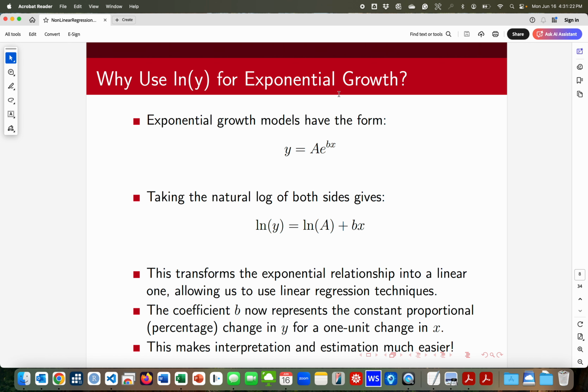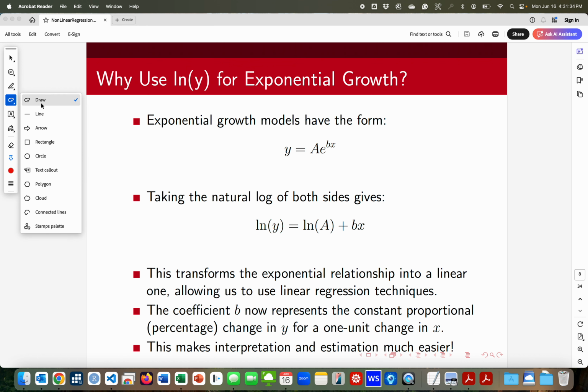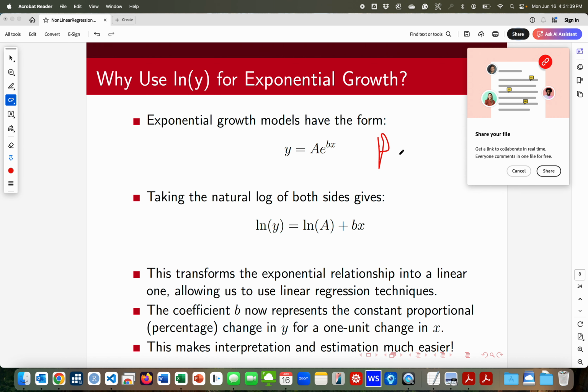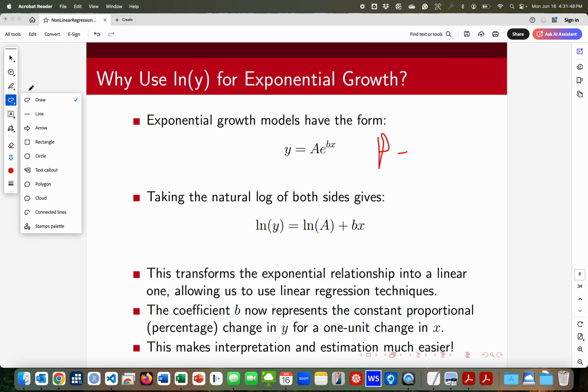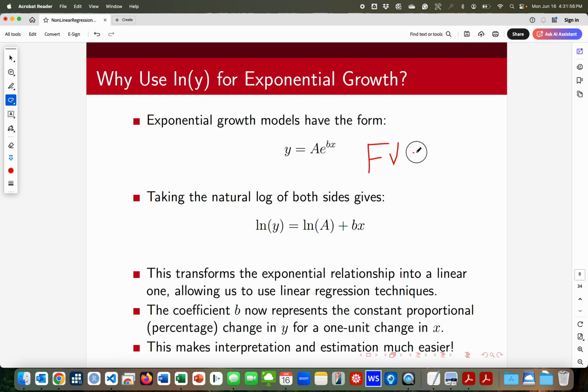And where you may be familiar with something like this, let me see if I can write on the screen here. So you may be familiar with this. The future value equals P e to the RT.